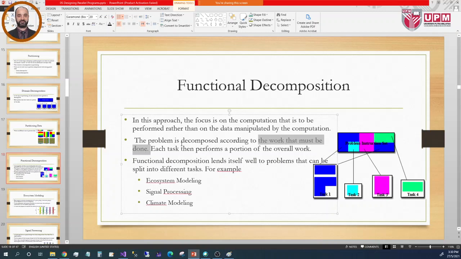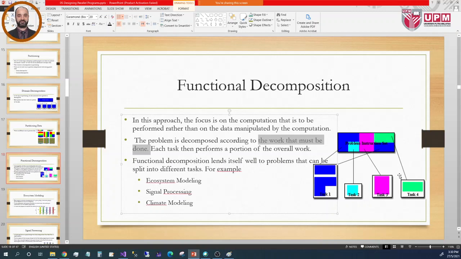And the work that must be done in the third task is to calculate the final salary, right? So each task then performs a portion of the overall work. Each task will run its own functionality on all available staff in the database.